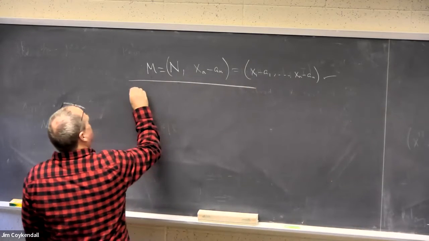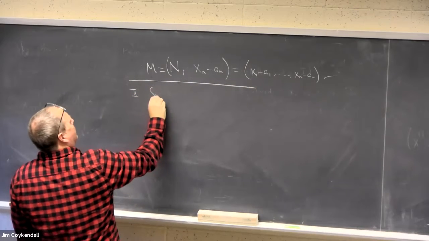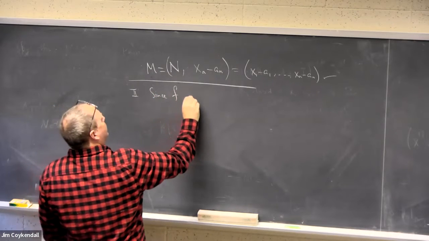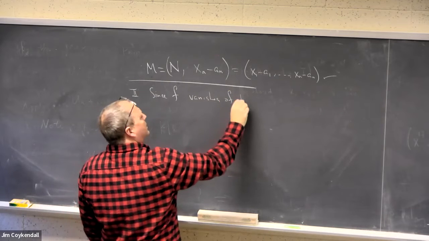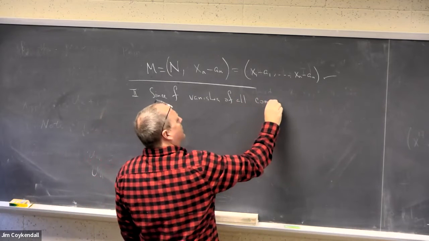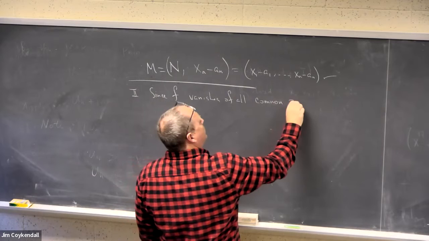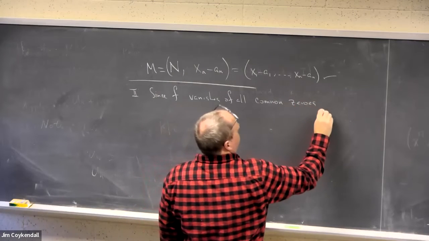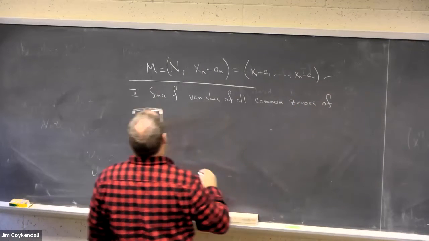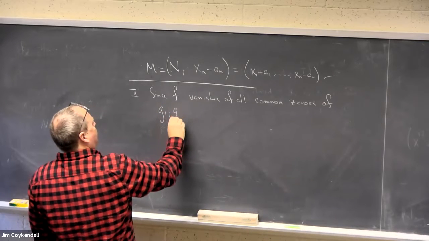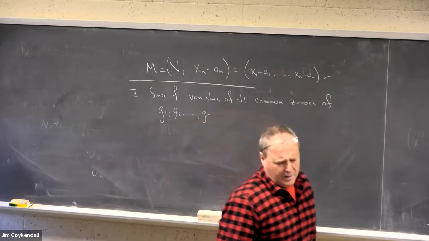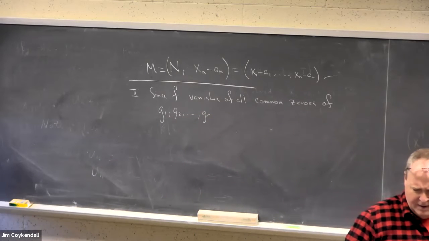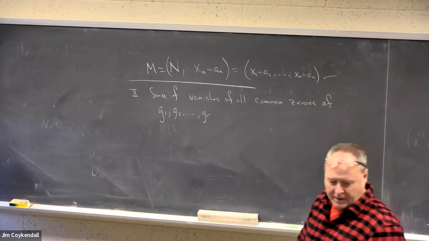So for part 2, since F vanishes on all common zeros of G1, G2, ..., GR, then F is in every prime ideal, or every nice one.